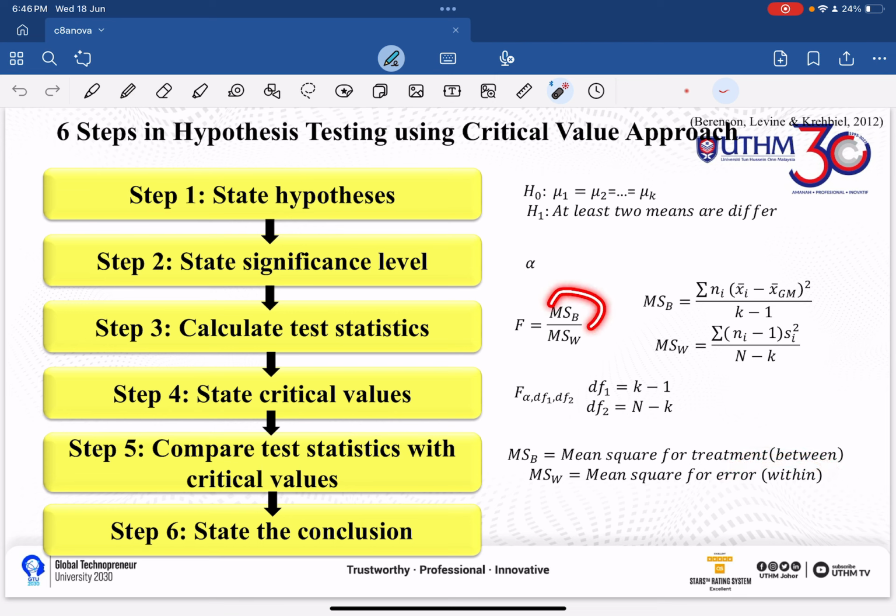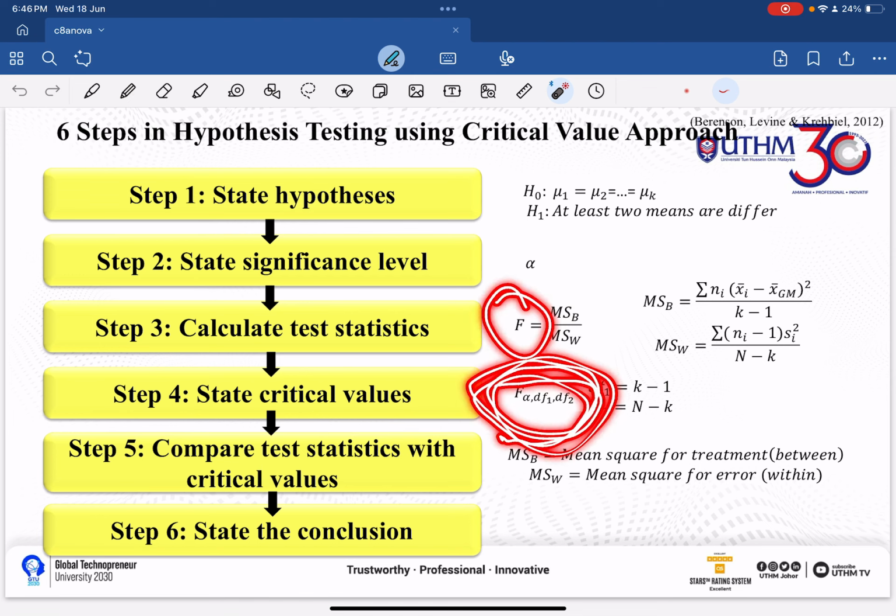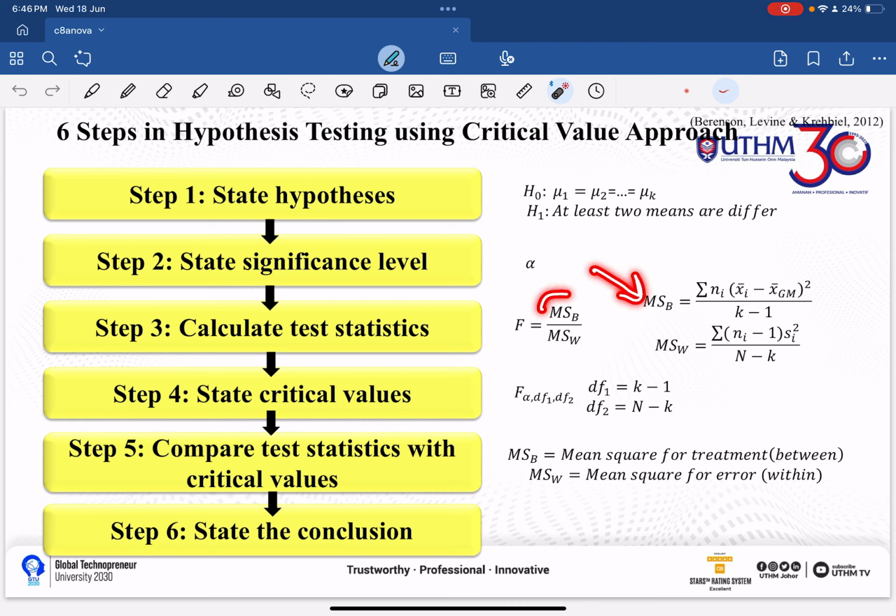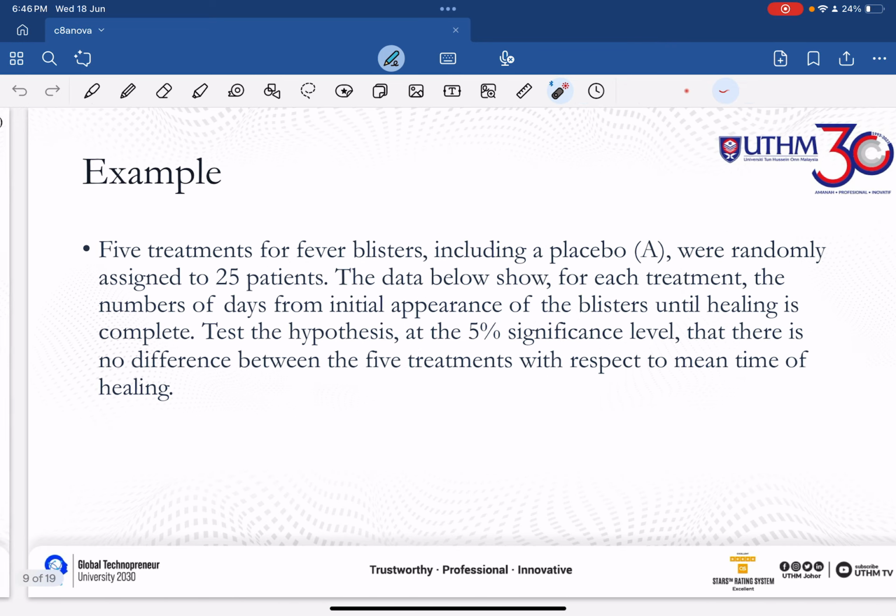So we have MSB and MSW to find the F. This F will be compared with the critical F value here. So you will have to find the MSB and then the MSW. These are the equations. Here we have N, and because we have more than 2 groups, later on we will see that.